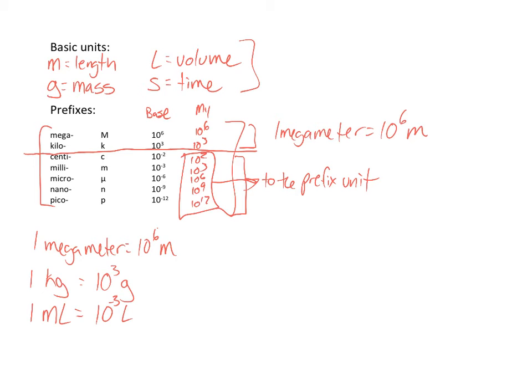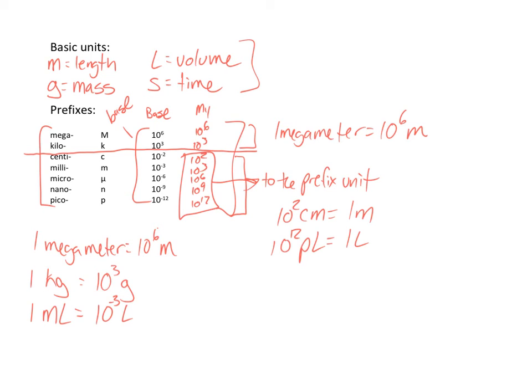So that means there are 10 to the 2 centimeters in 1 meter. There are 10 to the 12 picoliters in 1 liter. Over here, they're all attached to the base unit. Okay, all of them. Either system is fine. Use the one that works the best for you.